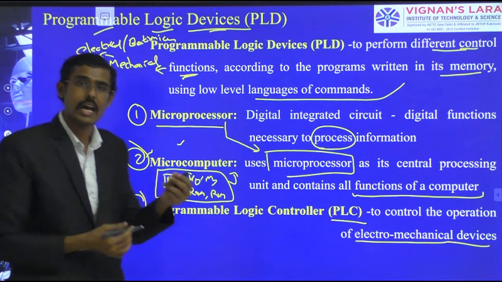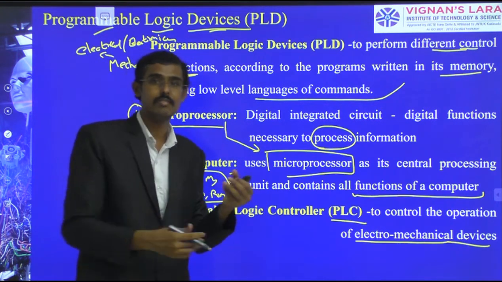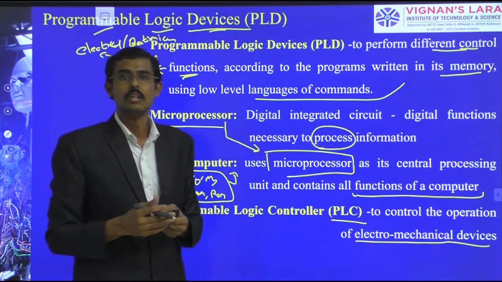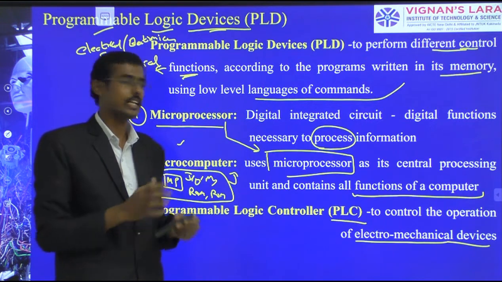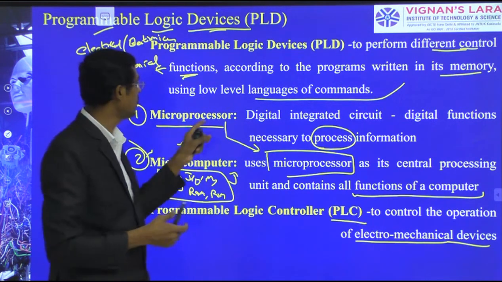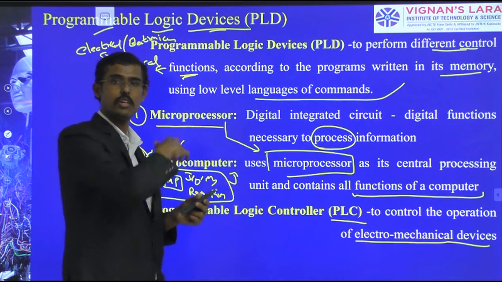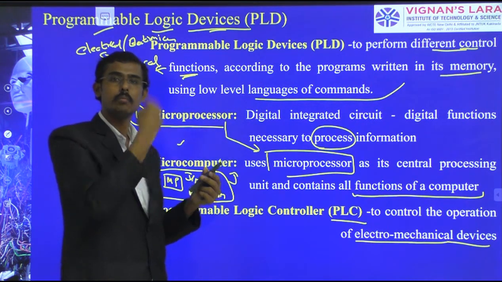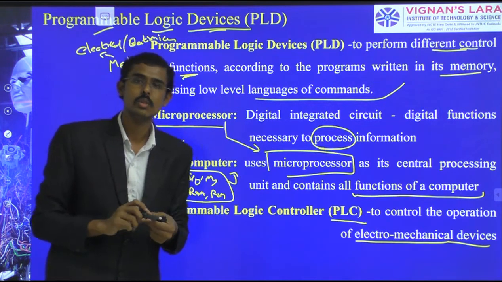The RAM we can add from 4GB to 8GB, 8GB to 16GB, additionally inserting more. But in the microcomputer it is a fixed single chip which contains everything together. Here the microprocessor chipset is different, RAM is different, ROM is different. We can add multiple inputs and outputs.